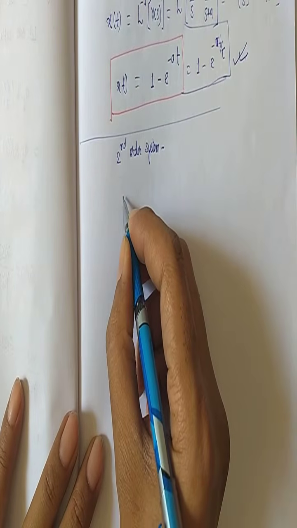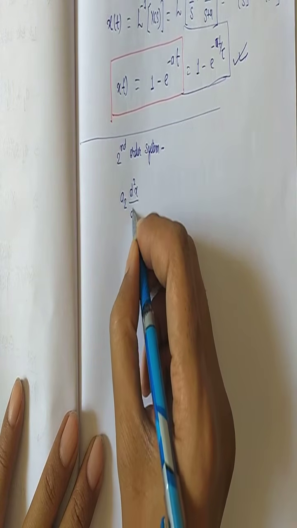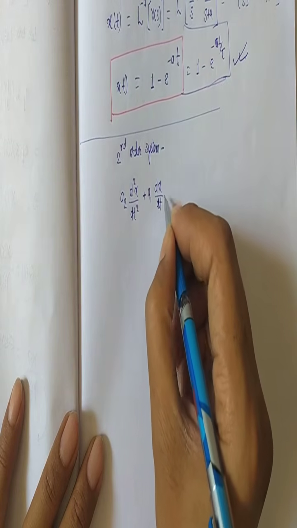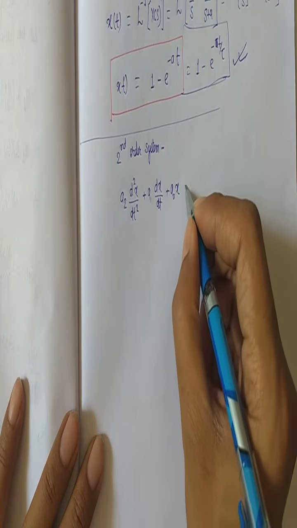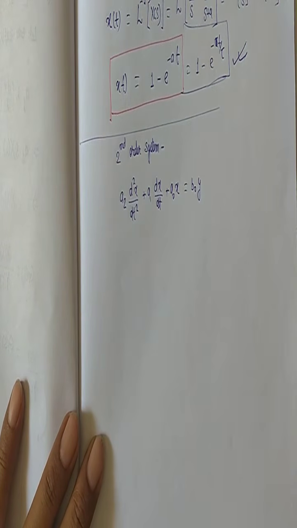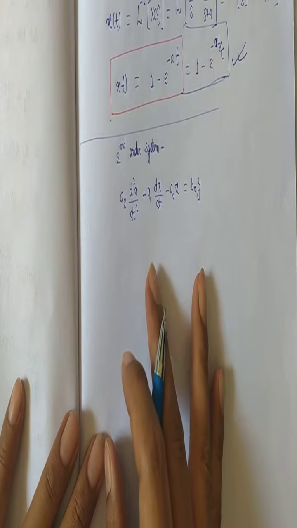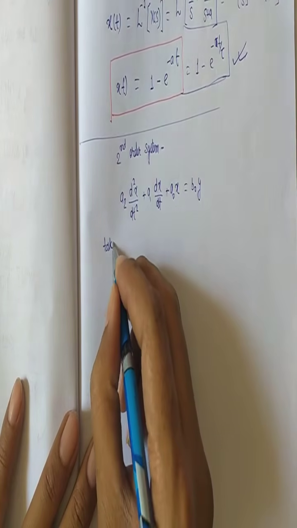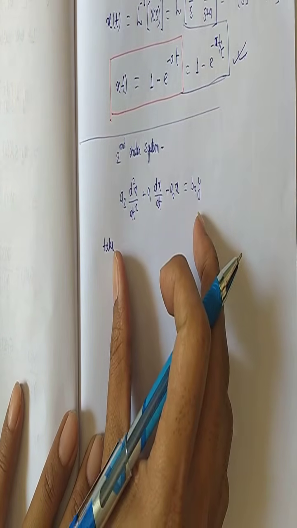So let's say we have a generic second order equation in this form: a2 times d2x by dt square plus a1 dx by dt plus a0 x is equal to b naught y. Now we want to seek the transfer function for this system.